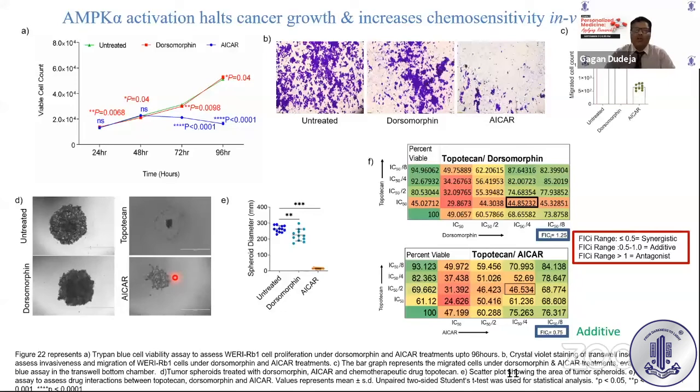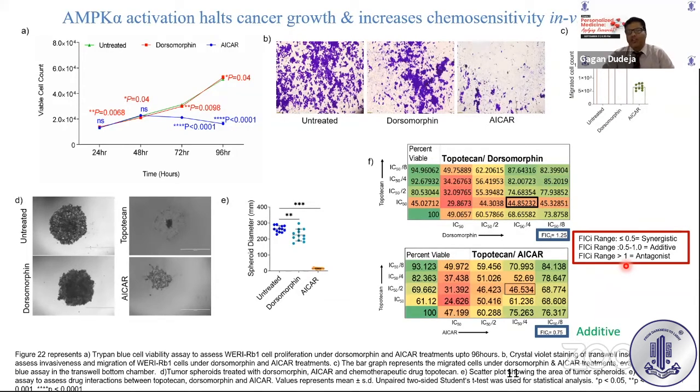So once we have this, we also think, okay, how can we enhance the effect of ICAR? Or can we combine topotecan and ICAR? How does it work? To find an answer to that question, we do something called a checkerboard assay. So you can see here, we are using topotecan and ICAR. In a checkerboard assay, along the x-axis and y-axis, you have a decreasing dilution. So you calculate an FIC1 value, which is here.